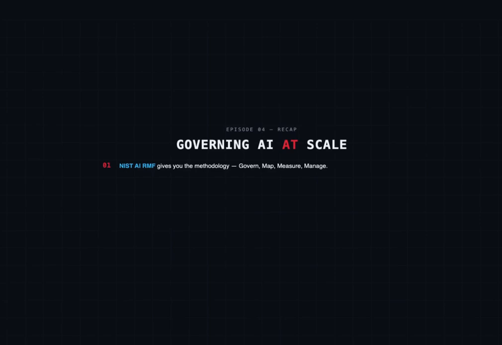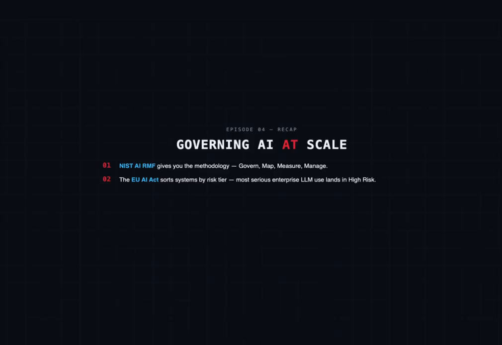So let's quickly recap what we have learned in this chapter. First, NIST AI RMF. It gives you the methodology: govern, map, measure, manage. Second, the EU AI Act sorts systems by risk tier, and most serious enterprise LLM use lands in high risk.